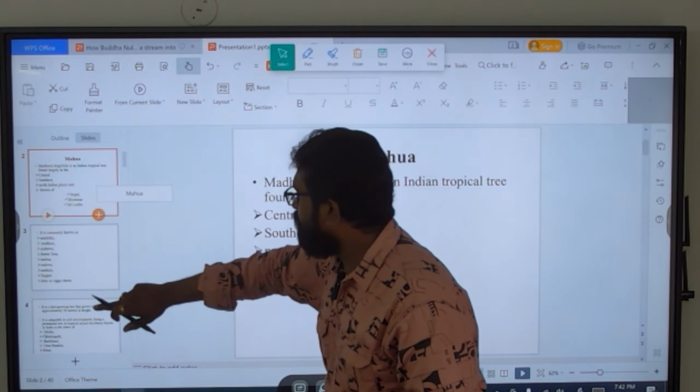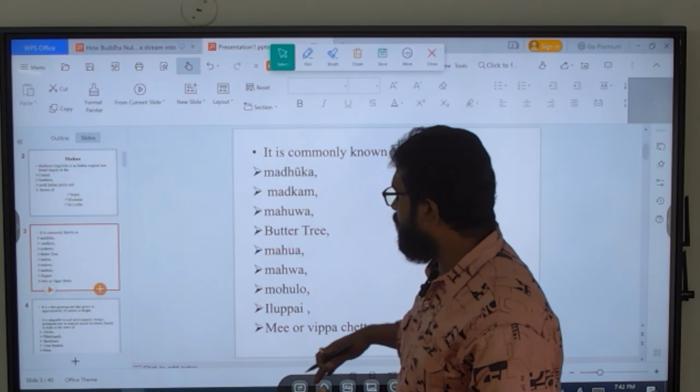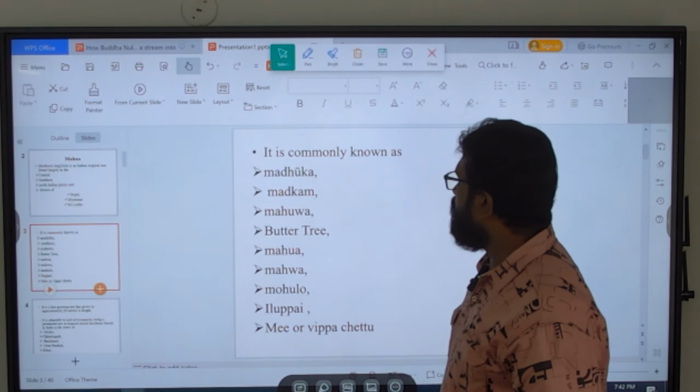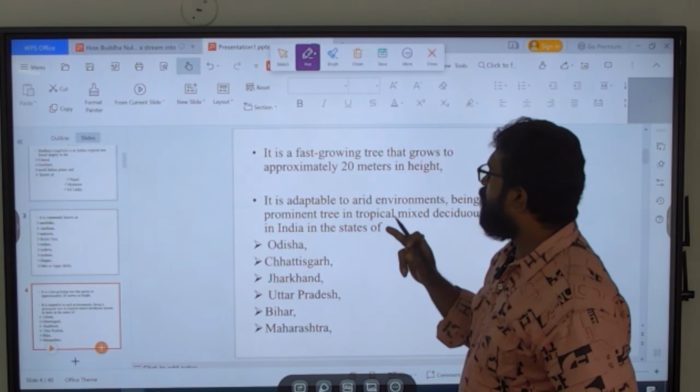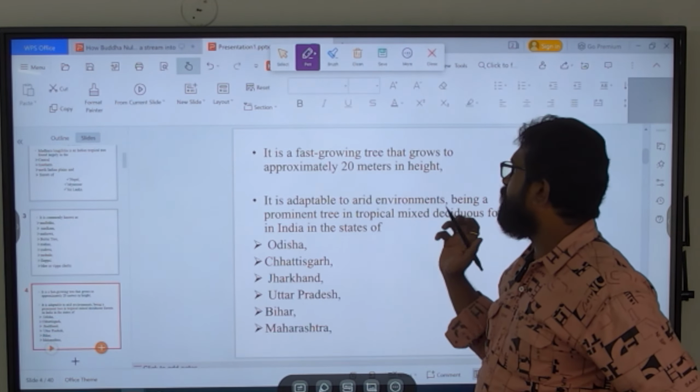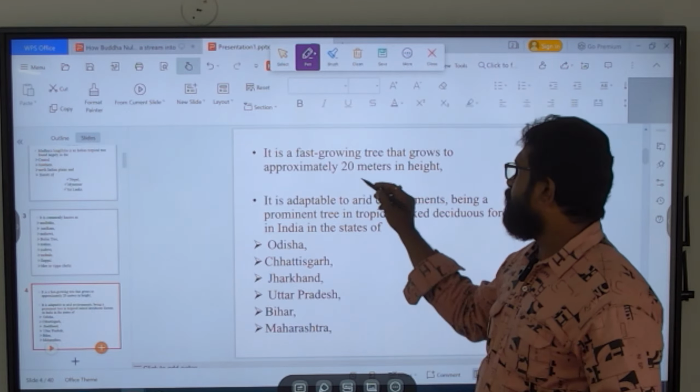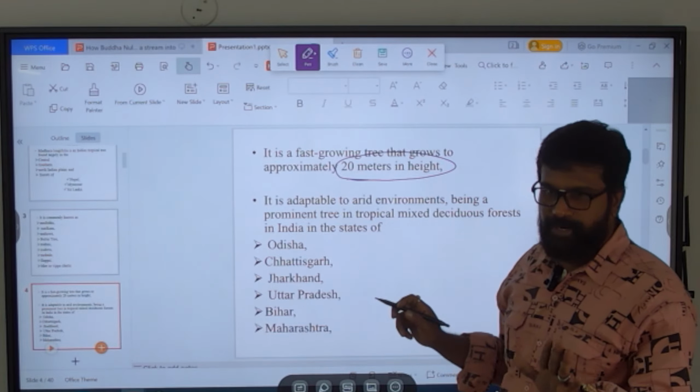So this is the news that we get from this Mahua tree. From here we have a lot of different names, and we will also have something about this Mahua tree. You see this, actually: this Mahua tree is a fast growing tree, and it has a height of 20 meters. Look at here.